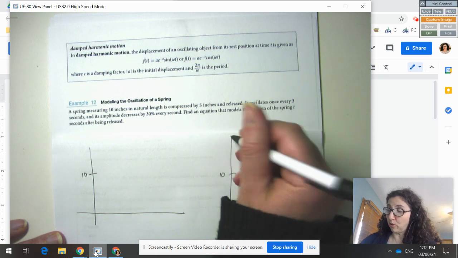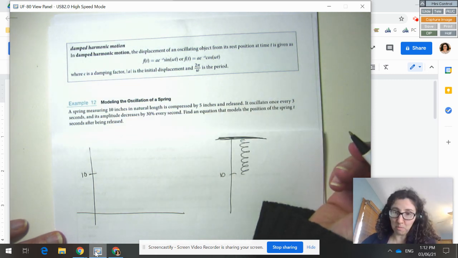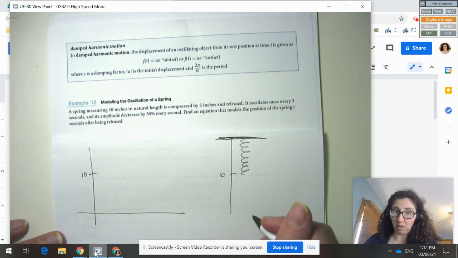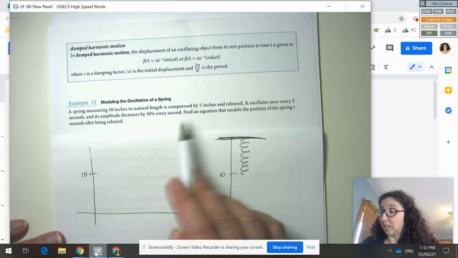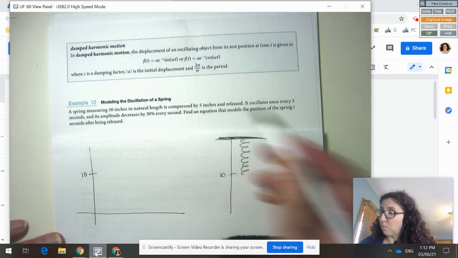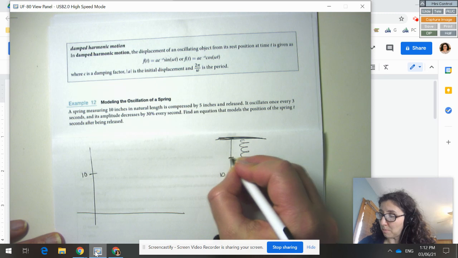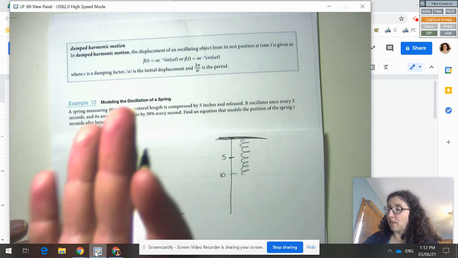Do we want to measure from the board or ceiling that it's attached to, or do we want to measure from down here? Either way, it's not clear how they want us to do that, so we can just decide. It's compressed by 5 inches. Let's say we're going to measure from up here. So let's say this is 5. Okay, we've compressed it to 5 and then let it go.